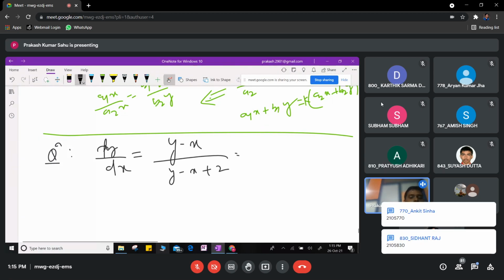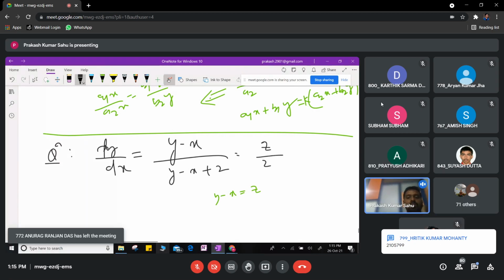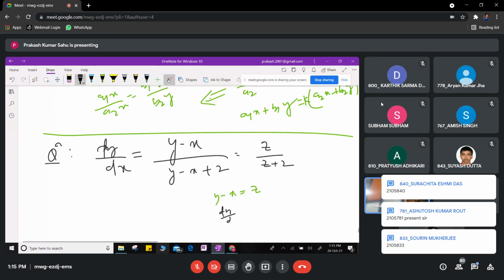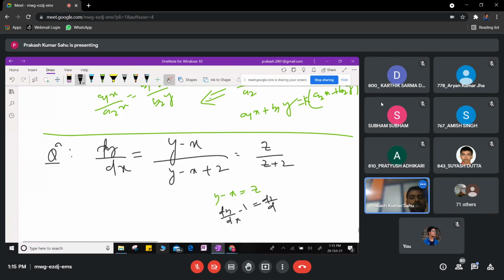If you substitute y minus x is equal to z, then the right side becomes z divided by z plus 2. And here dy by dx minus 1 is equal to dz by dx.